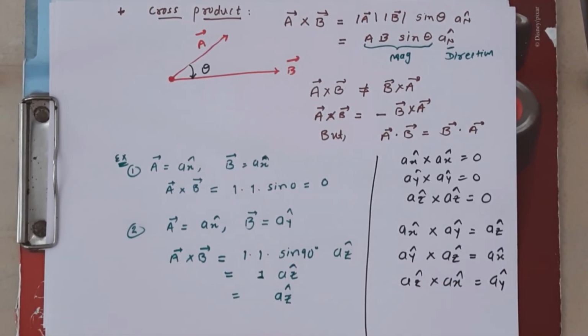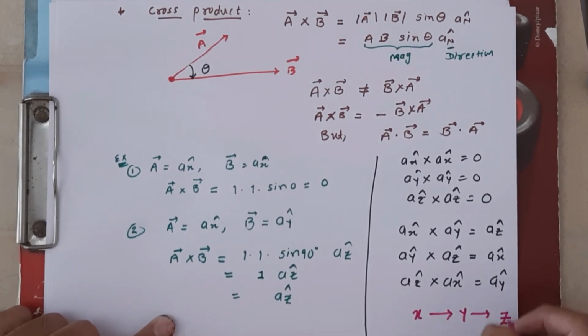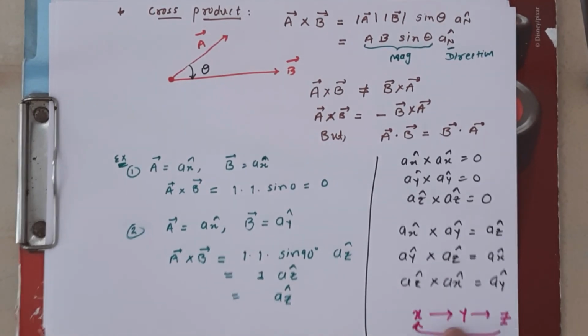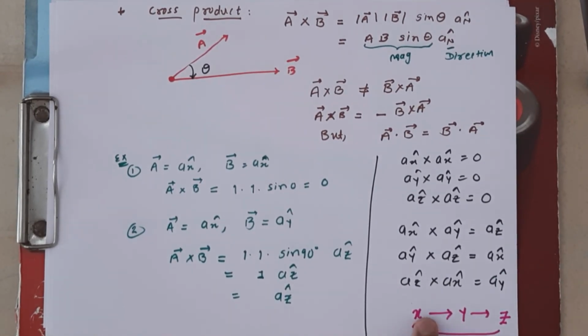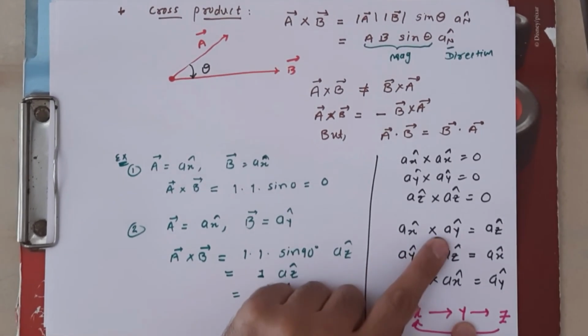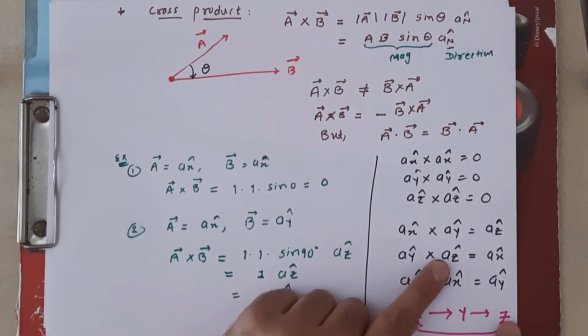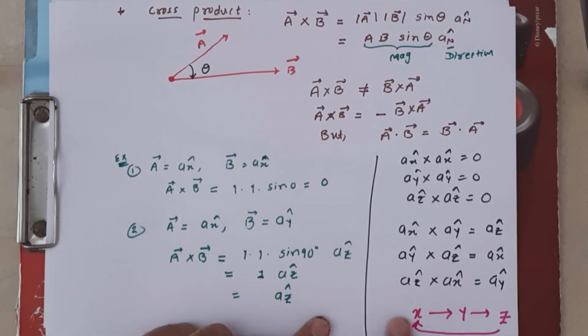The pattern must remain fixed: X, after it Y, after it Z, and again it is X, Y, Z. This pattern must be followed. Here it is X, after X it is Y; after Y it is Z; and after Z it is X.